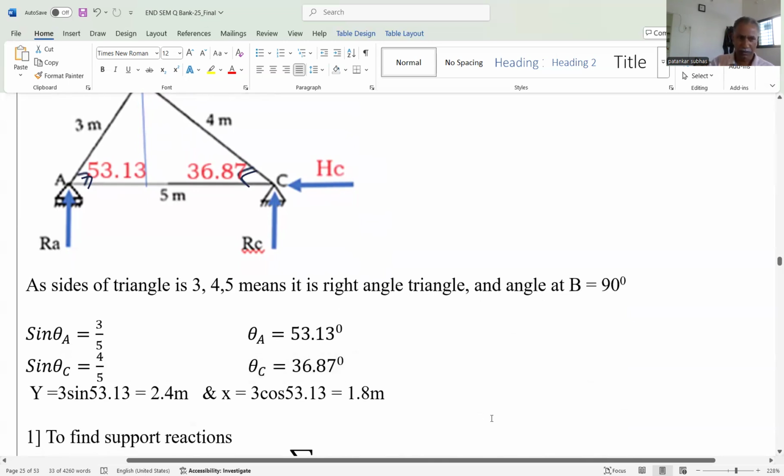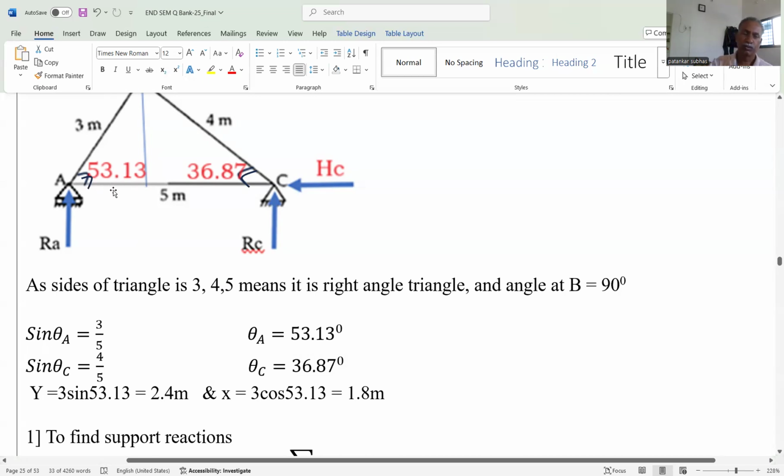Okay, then we can find out this distance and this distance. So A to say point D, the horizontal distance, is equal to 1.8 meter. This is 1.8 meter because this distance is known. We can find out this distance.